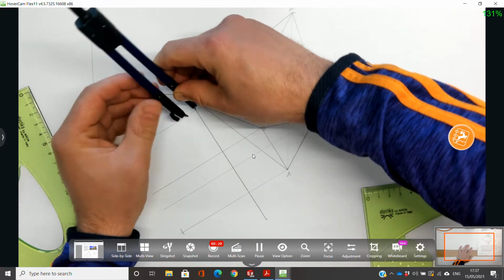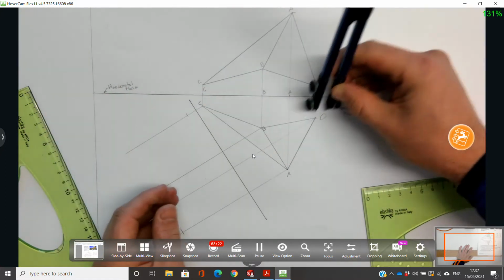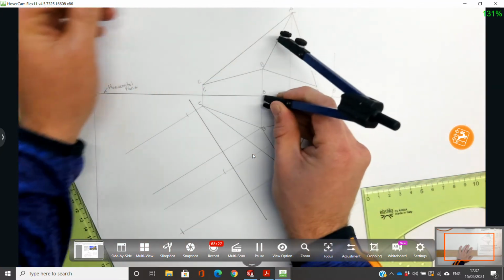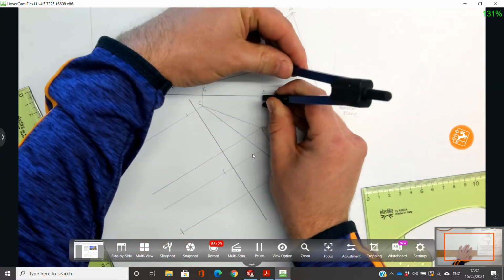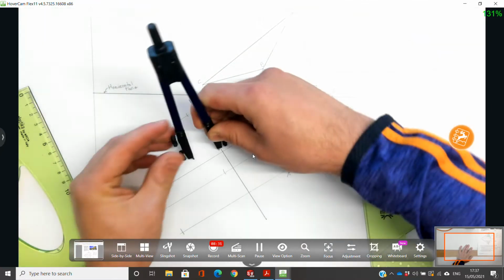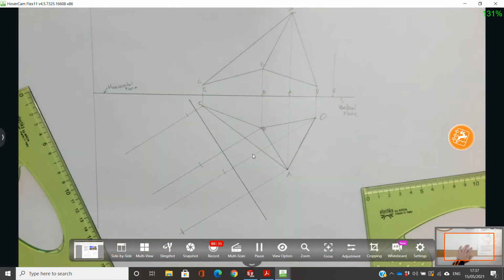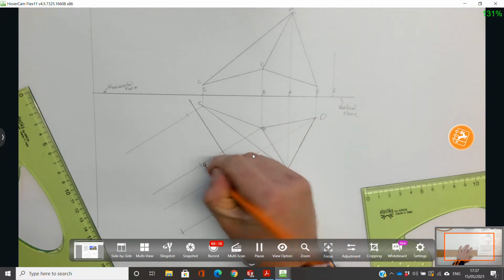So I took the heights from the elevation, D, B, so there's B1, A1.